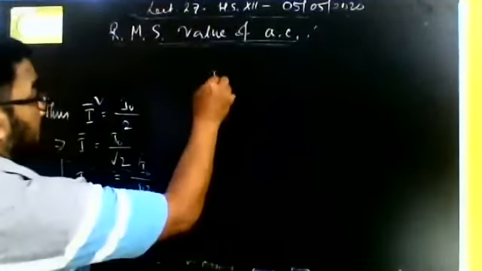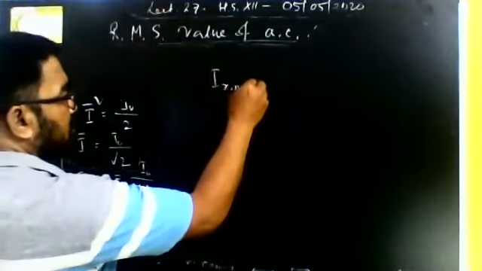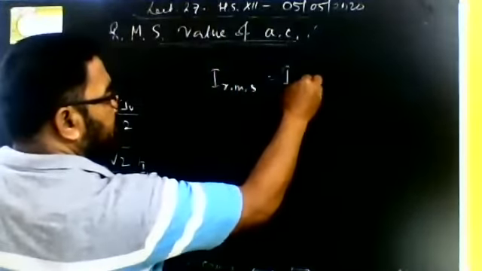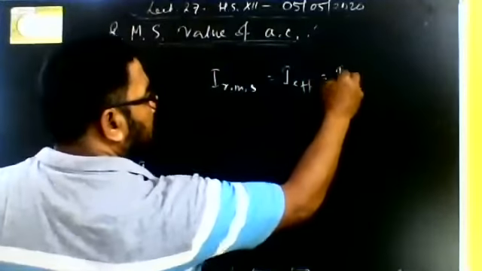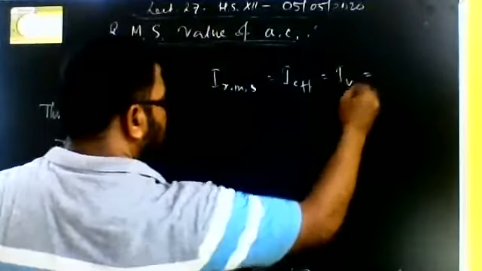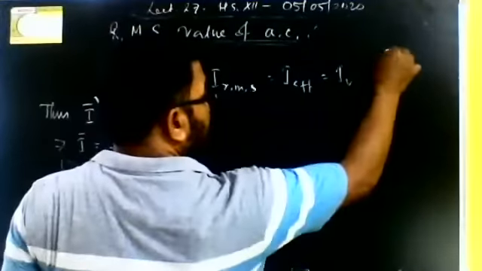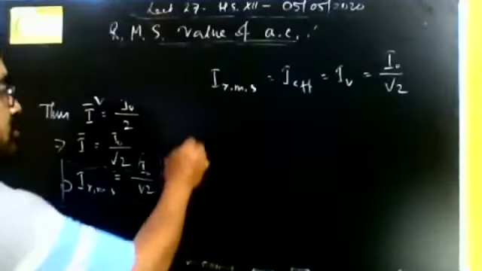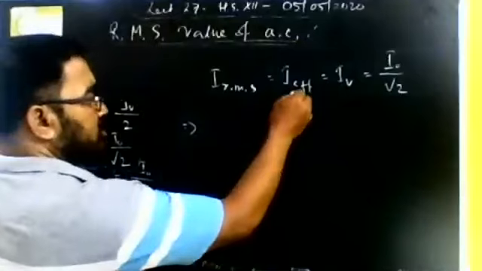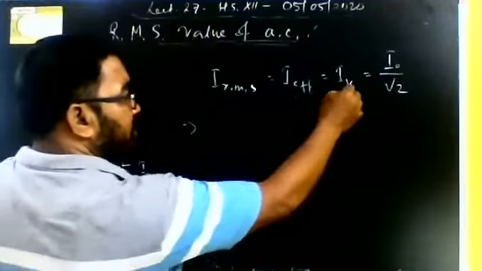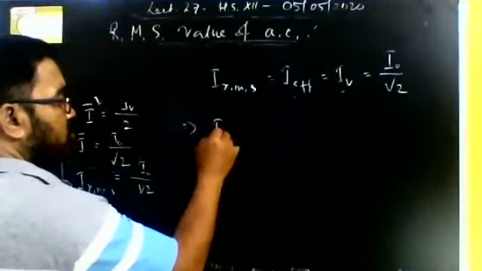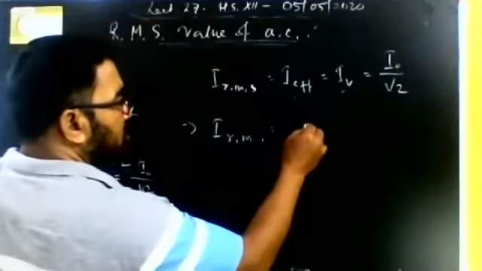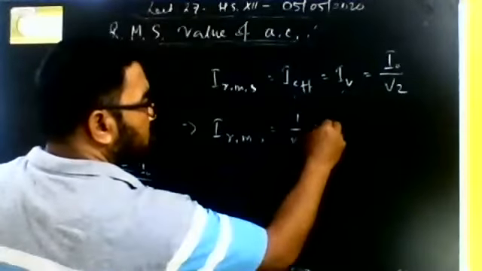Finally, we got that the RMS or I effective value or I virtual value is the peak value divided by root 2. It is also called the effective value or virtual value, most commonly used as the root mean square value. The RMS value is equal to 1 by root 2 into I naught.